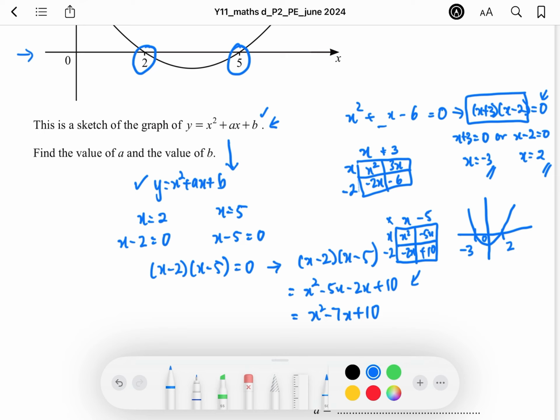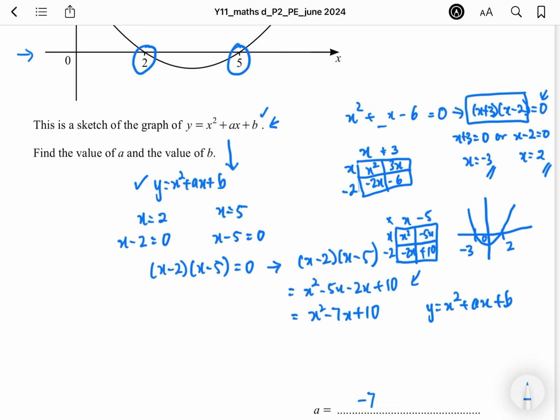Given y is equal to x squared plus ax plus b. So what we can do, we can compare equivalent terms. So x squared minus 7x compared with ax.